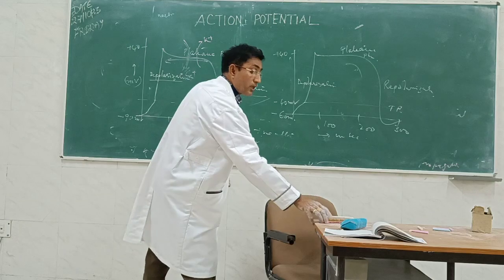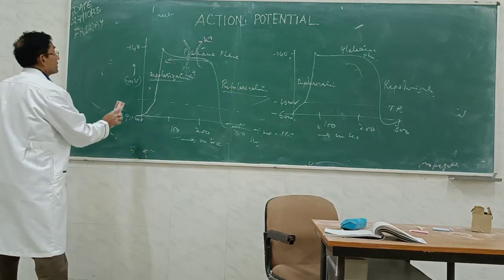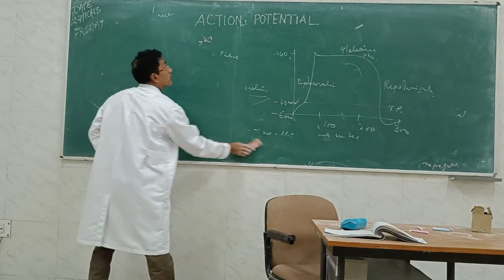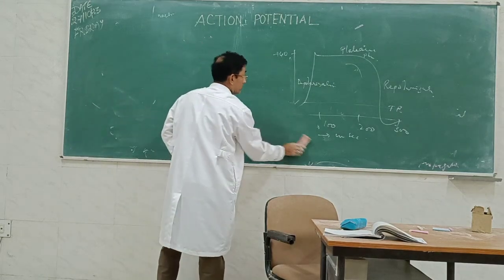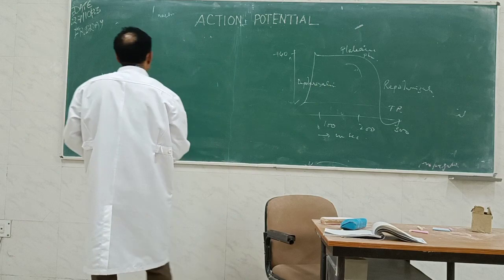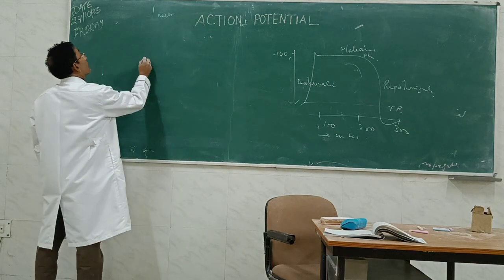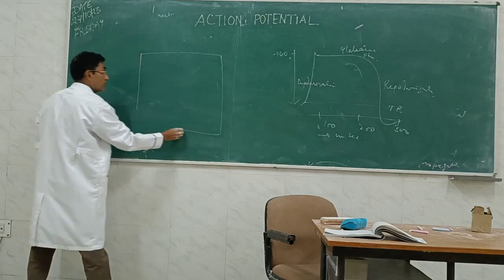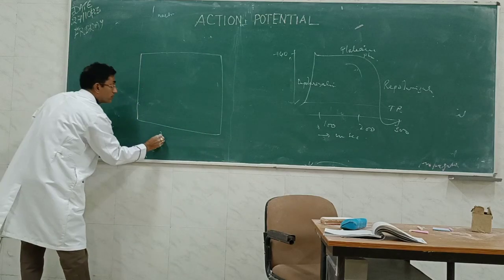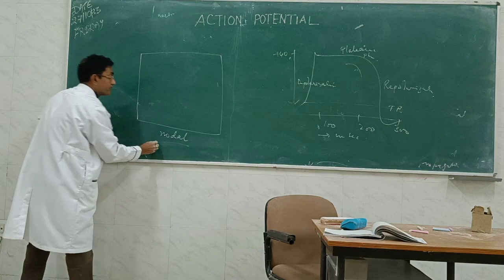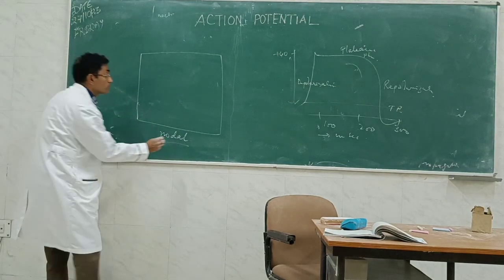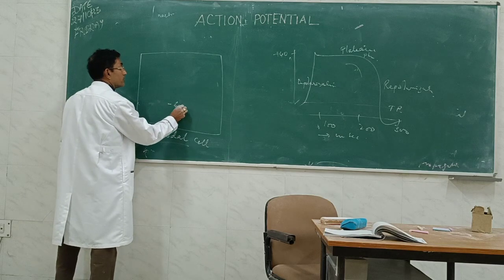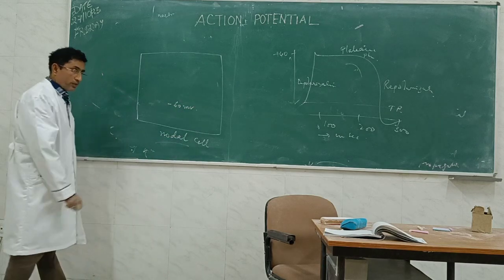Now, if we come to the specialized conducting tissues of the heart, then this becomes different. Here, the cells present in the specialized conducting tissues of the heart are the nodal cells, and the resting membrane potential is minus 60 millivolt.